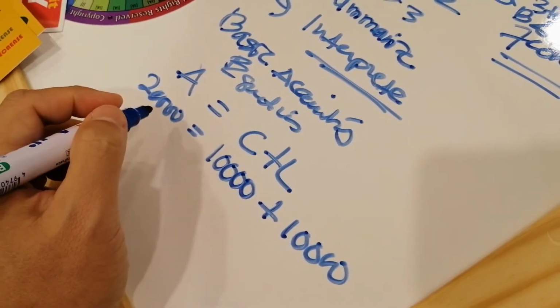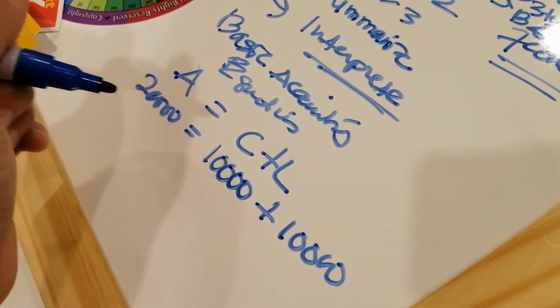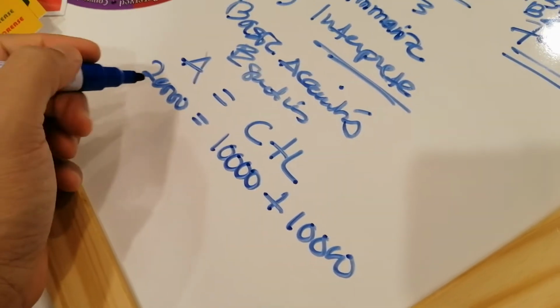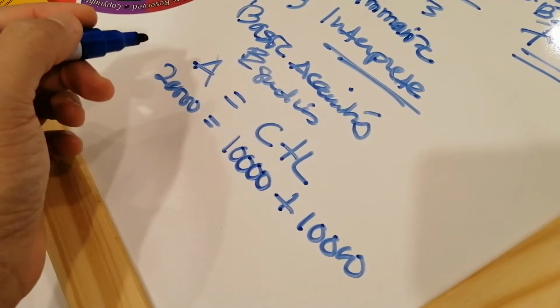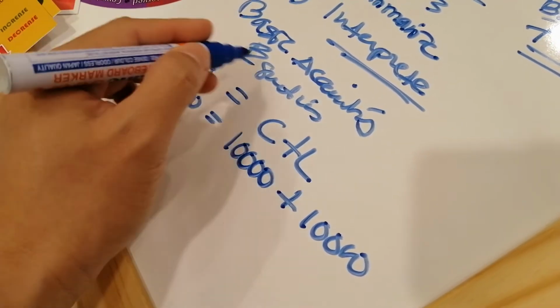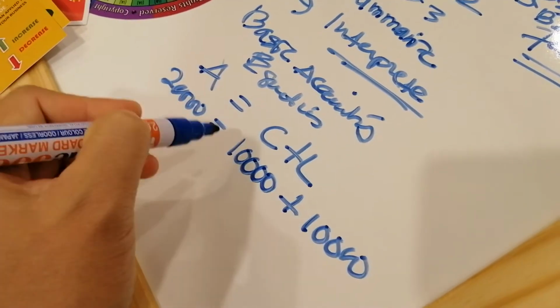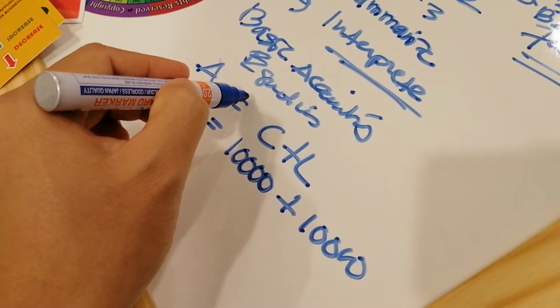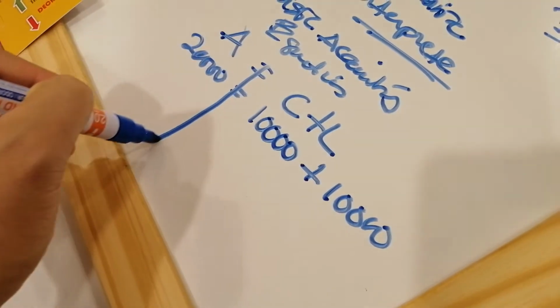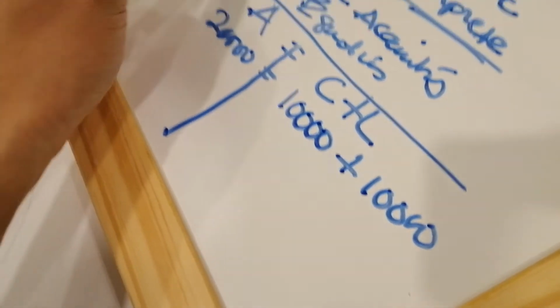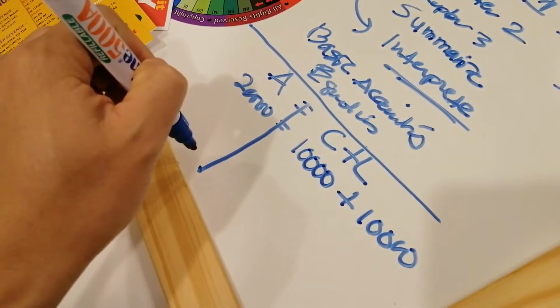So that's why we always mention that accounting must balance, 20,000 must equal to 20,000. So we have this separator line. If you make it like this, it's like a T account.